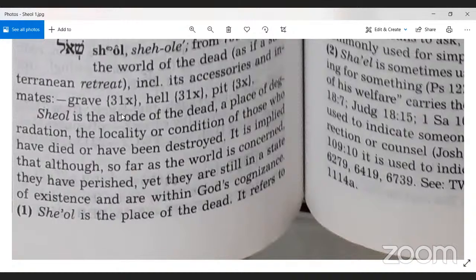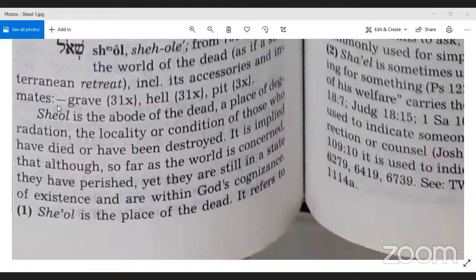When we start talking about the underworld and the lower self and the higher self, and we're talking about a subterranean retreat, I'm thinking about somewhere in the lower self. Not in paradise or Eden, for lack of a better word.